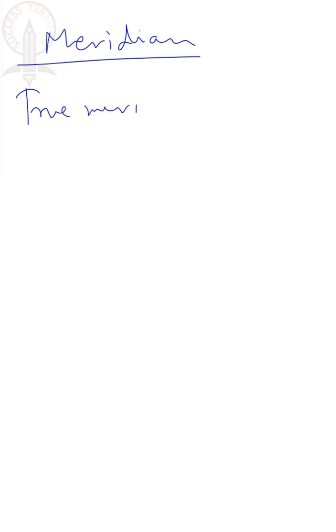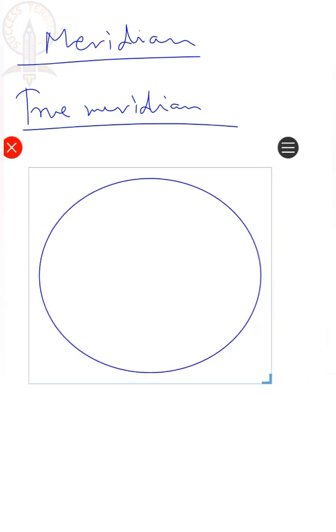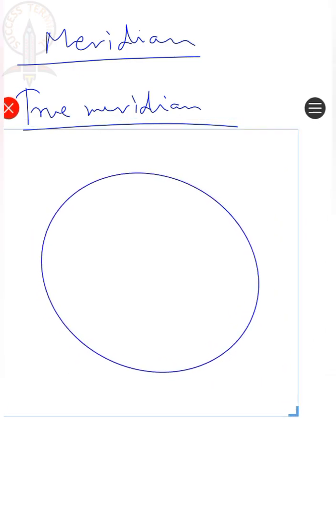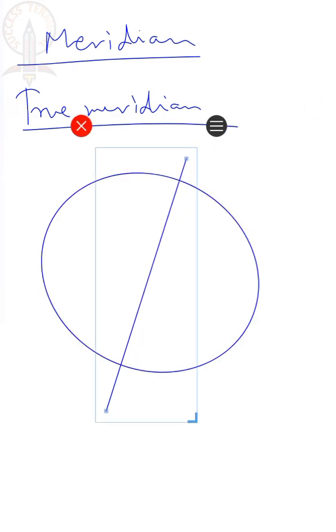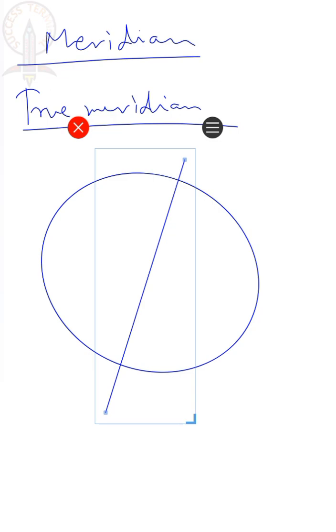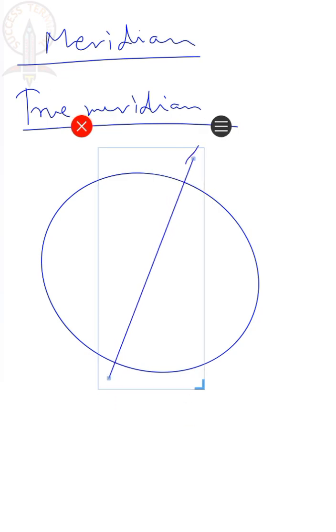Before starting this concept, I just want to draw a picture of Earth. Suppose this is our Earth. Clear? And this is the axis of our Earth.